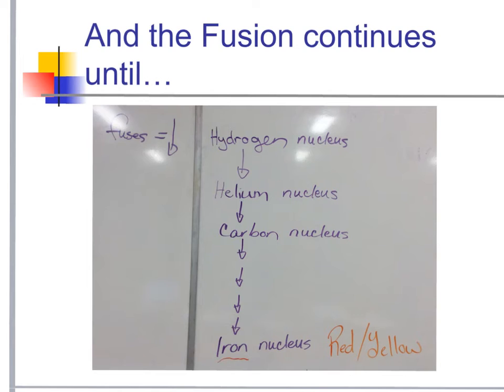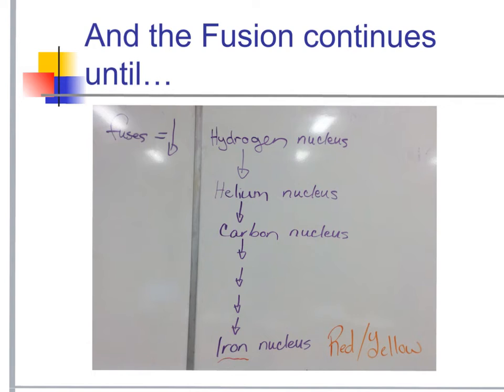So what's interesting is this process doesn't just stop at helium. We keep getting fusion of nuclei through carbon and other nuclei until we get to an iron nucleus. So this fusion process keeps going until we get to an iron nucleus.